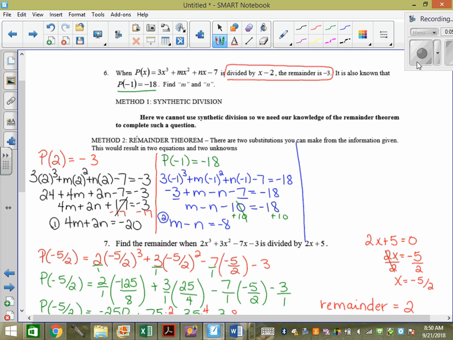So I always choose elimination just because I think it's easier. We stack them on top of each other. So we have our two equations. We have 4m plus 2n equals negative 20. And then we have m minus n equals negative 8.